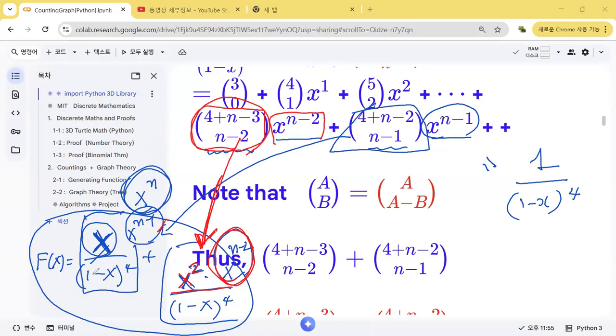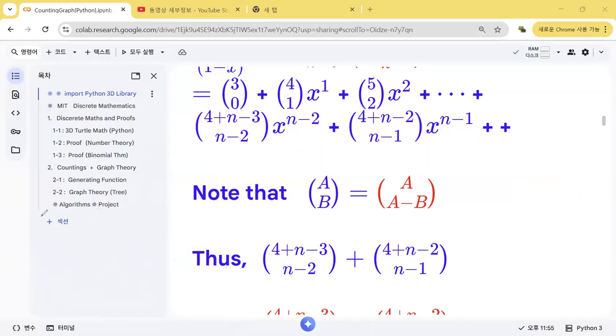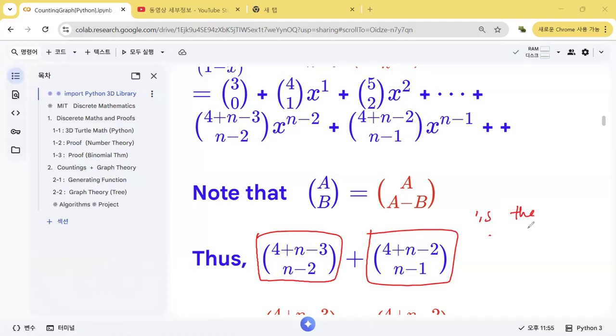The sum of these two is the answer. So, in conclusion, this plus this is the coefficient of x to the n in f of x.